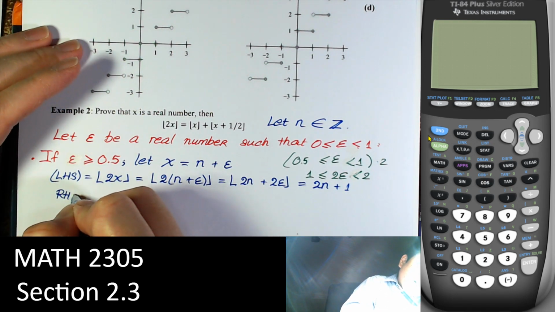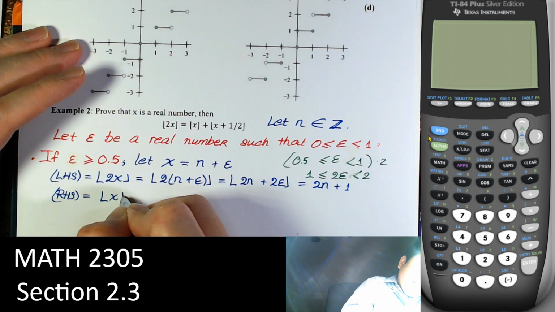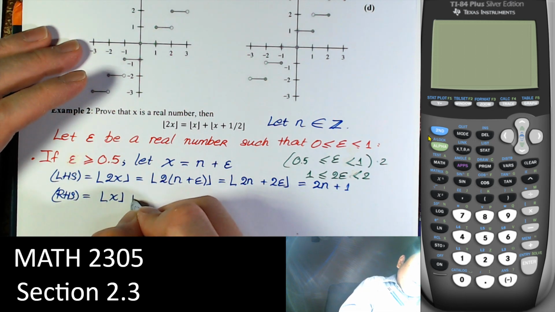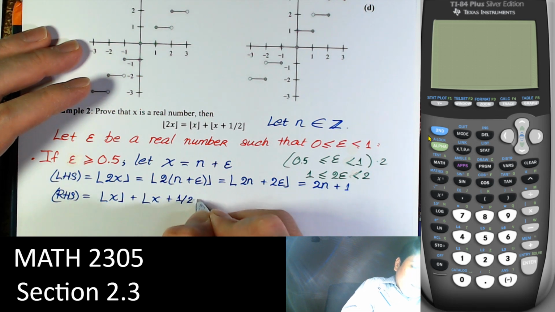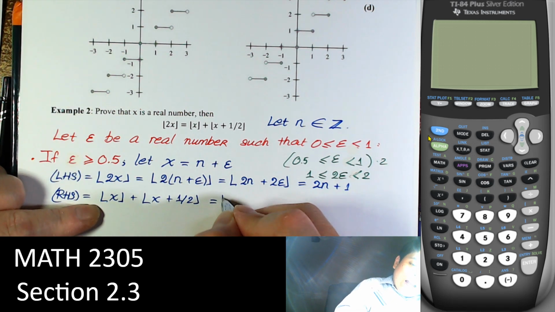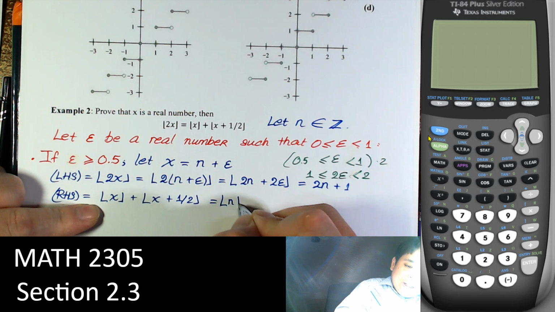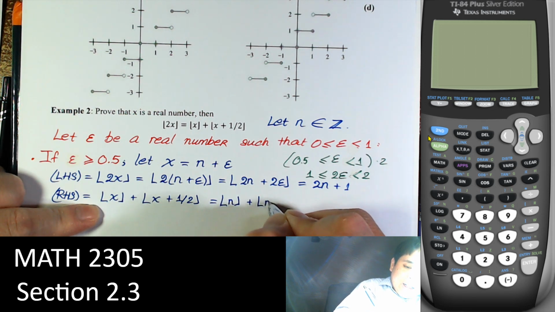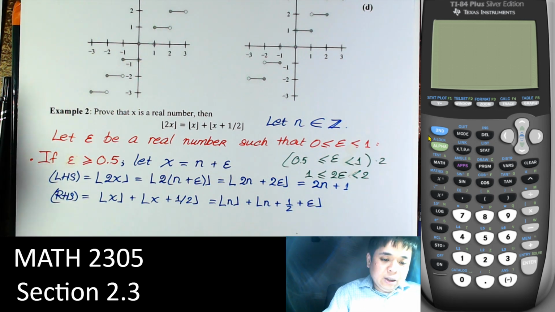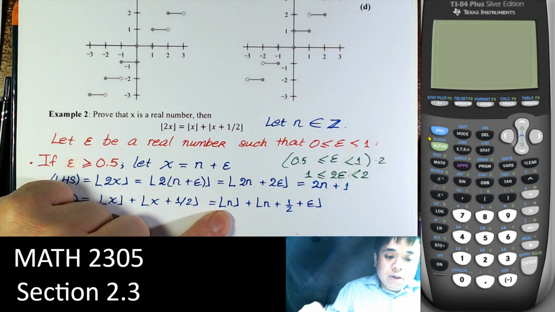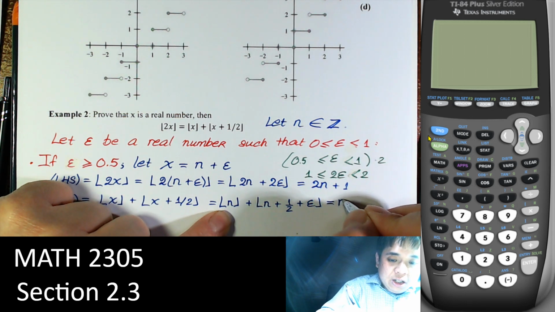On the right hand side, we have x plus 1/2. Now x is just n, and then n plus 1/2 plus epsilon. Now n is a whole number, an integer already, so it will be just n.